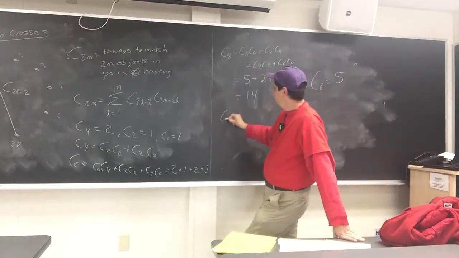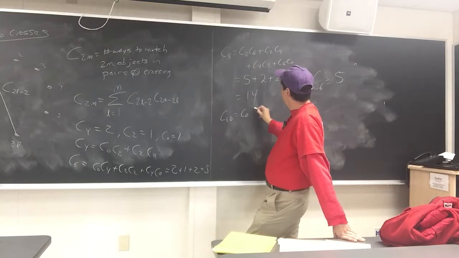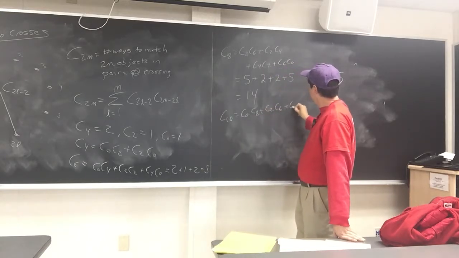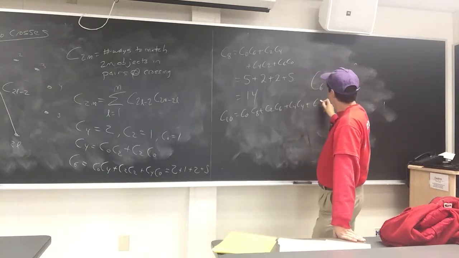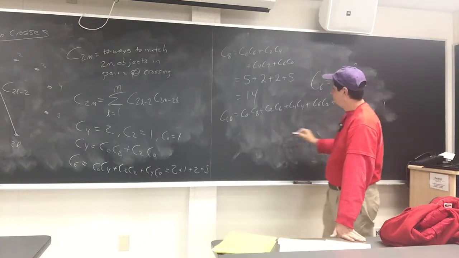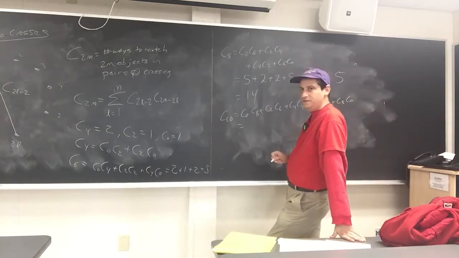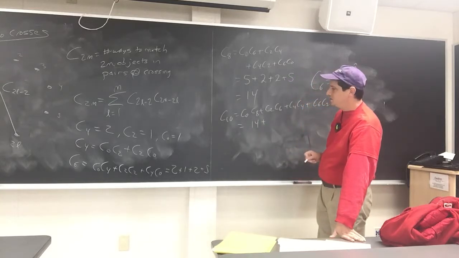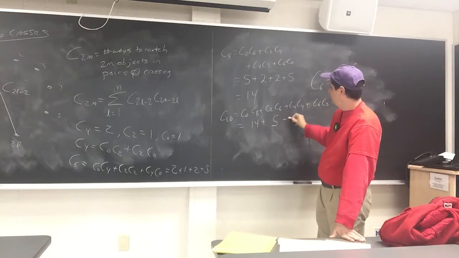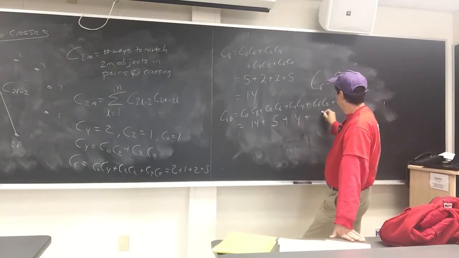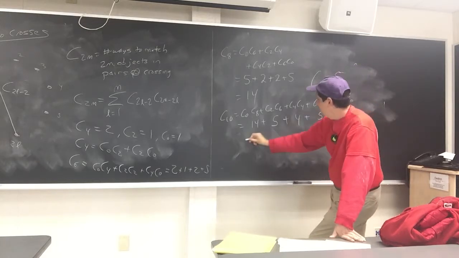If we do C10, it would be C0, C8, plus C2, C6, plus C4, C4, plus C6, C2, plus C8, C0. So C8 was 14. C2 times C6, C6 was 5, is 5. C4 times C4 is 4. And then this was 5, and this is 14.